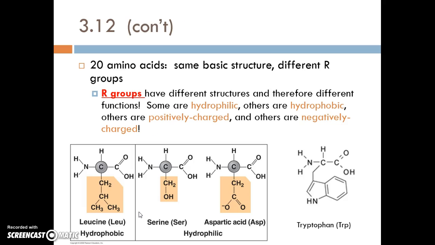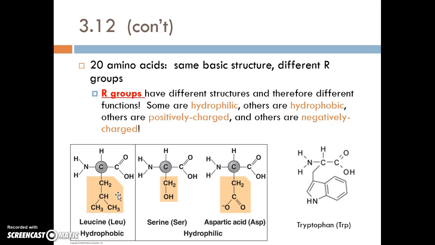But it is time to start stringing these amino acids together. We basically take an OH from one group and an H from the other and get rid of it, and we can make these strings longer and longer. There are about 20 different amino acids, and the R groups we saw before, highlighted here in this yellowy orange color, are all a little different.